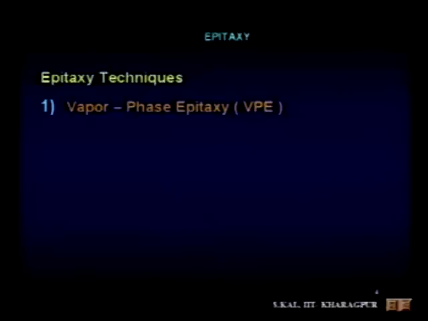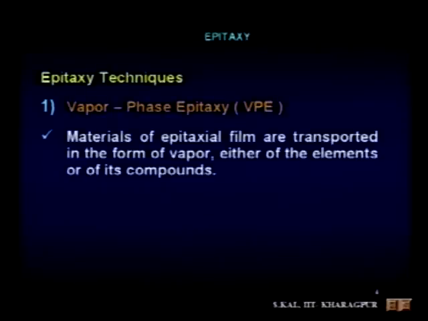First, let us talk on vapor phase epitaxy or VPE. What is vapor phase epitaxy? So, there materials of epitaxial film are transported in the form of vapor, either of the elements or of its compounds.